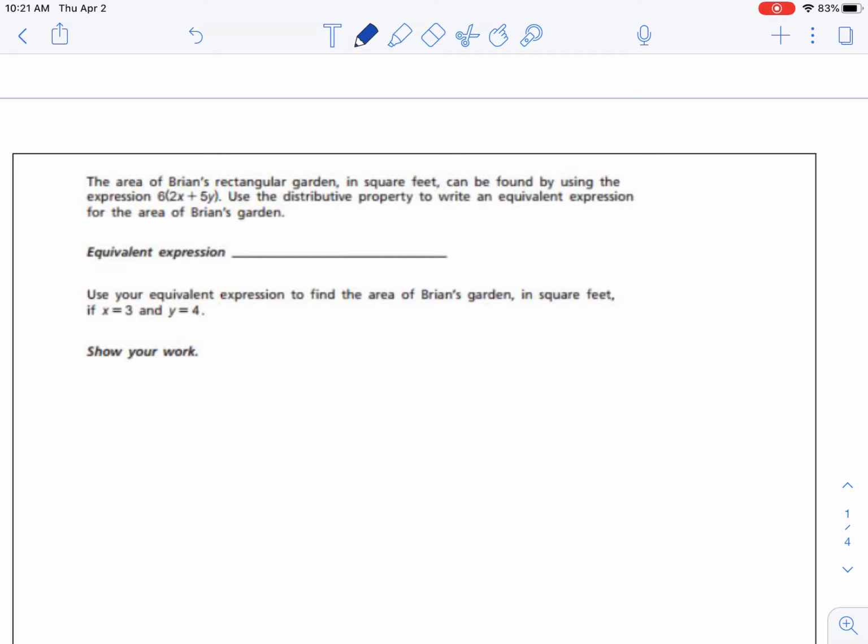So we can simply go ahead, and if we take the 6, 2x plus 5y, use the distributive property, this gives us 12x plus 30y, and this is an equivalent expression by just using the distributive property.